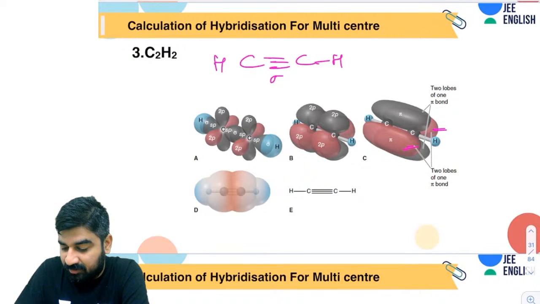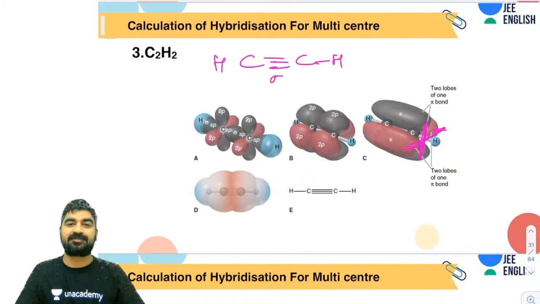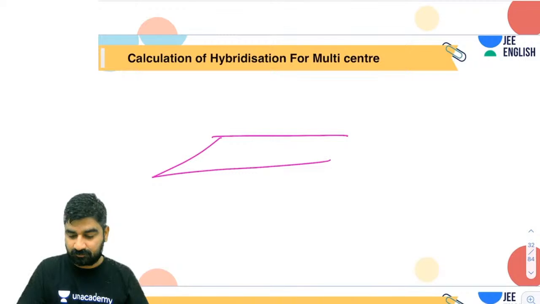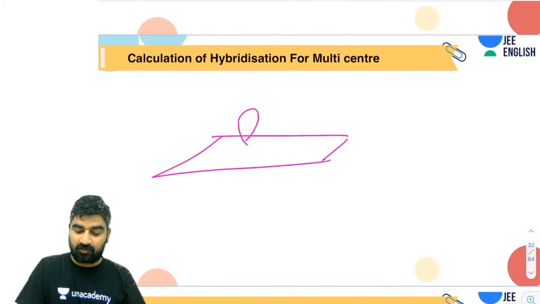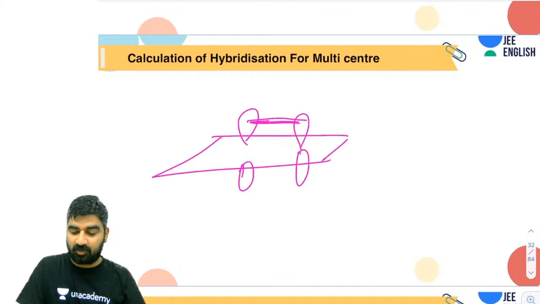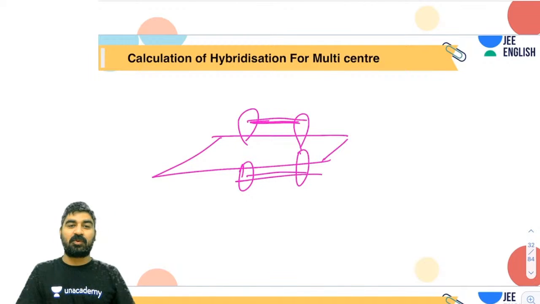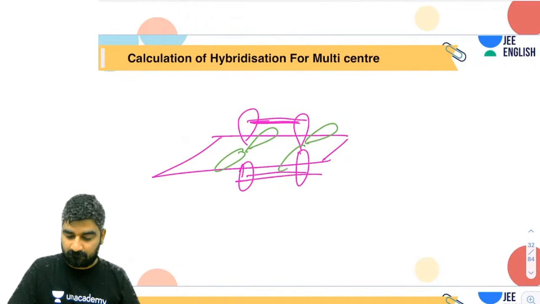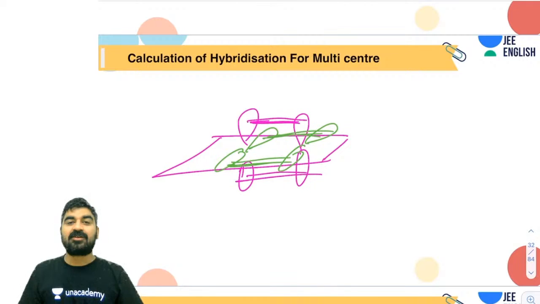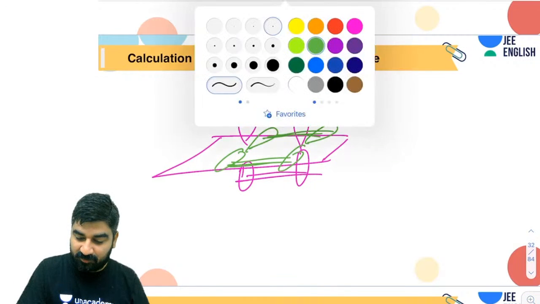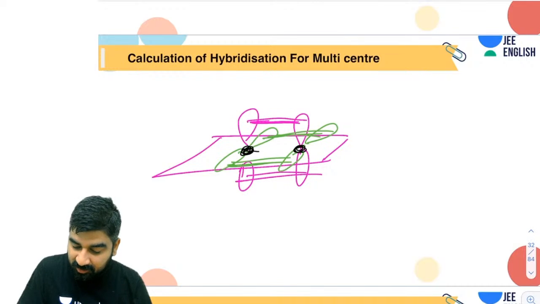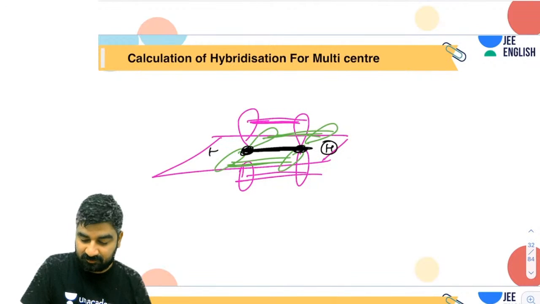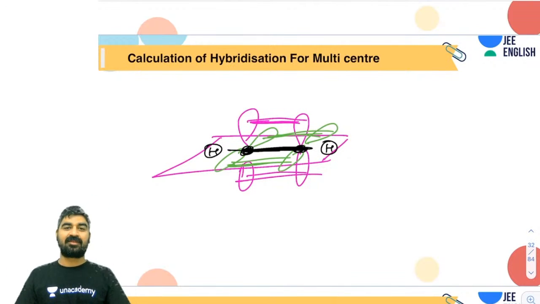If I'm talking about a plane, one lobe will be like this, and they will overlap, and then there will be one more lobe like this. And the sigma bond will be formed at the center. This is carbon, this is carbon. So there will be only one sigma bond, and hydrogen will be here only. Right, guys? Got it now?